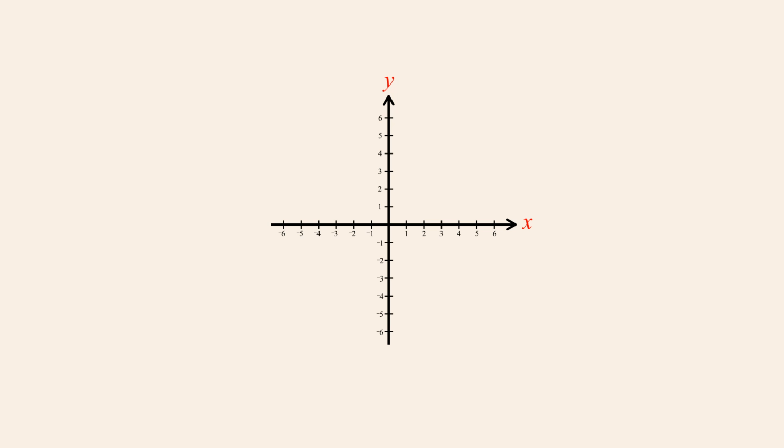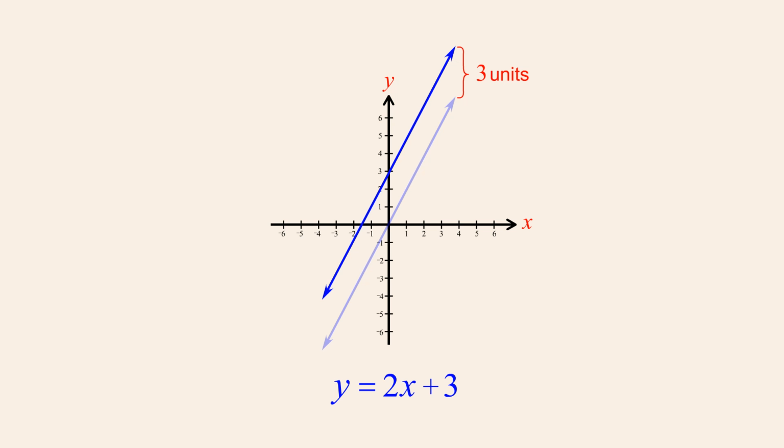For example, if we start with the equation y equals 2x and add 3 to the right side of the equation, the graph will be shifted up by 3 units. Once again, this is because the y-coordinate of every point on the graph is 3 units greater than if we had not added 3 to the right side of the equation.